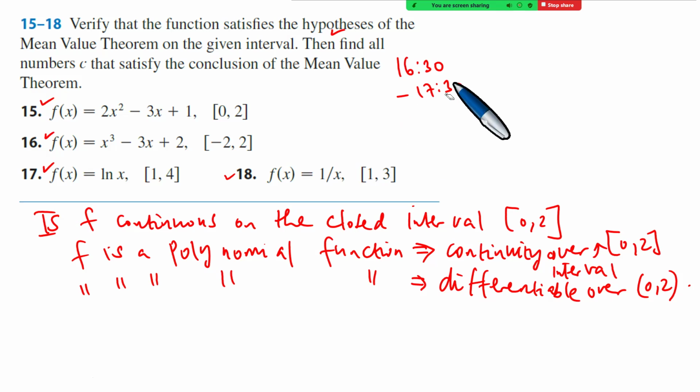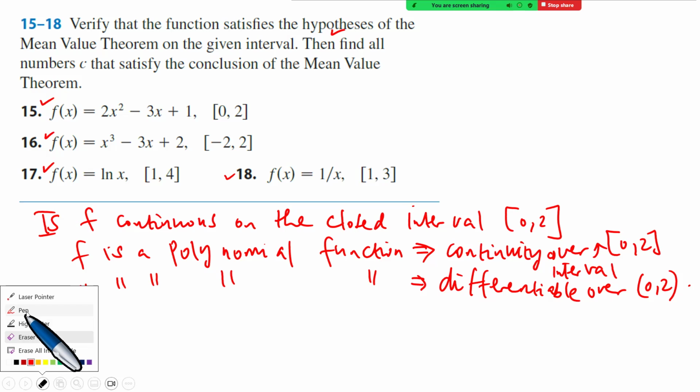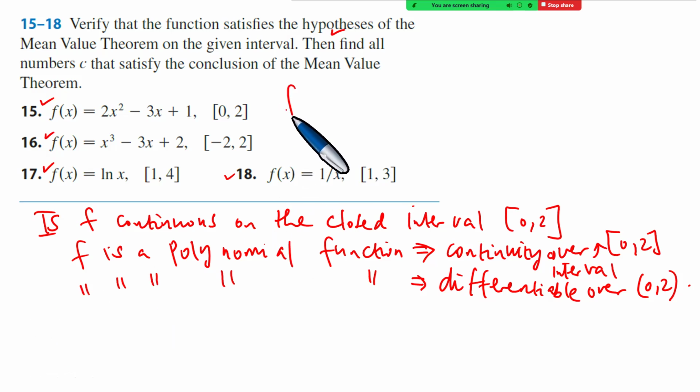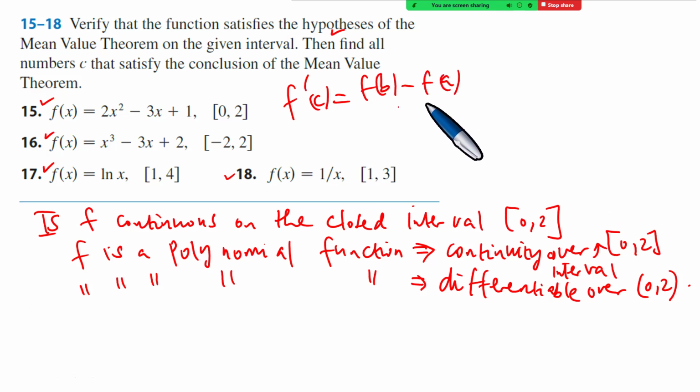So what exactly do we need here? What we need is to consider f prime. We have to consider f prime of c, which is f of b minus f of a, all divided by b minus a. Pay attention to what happens here. At this point, we want to find all numbers c.